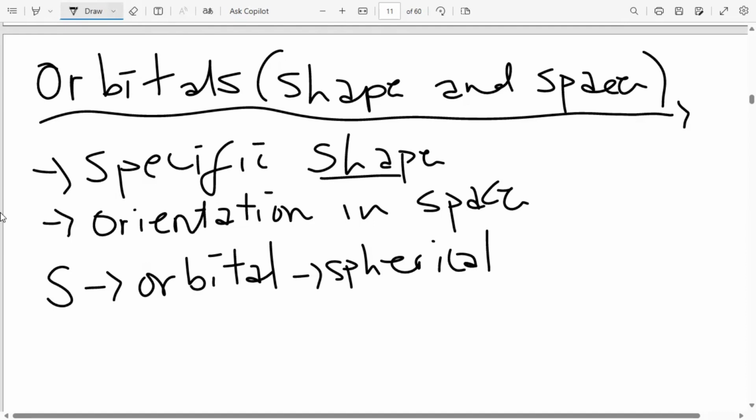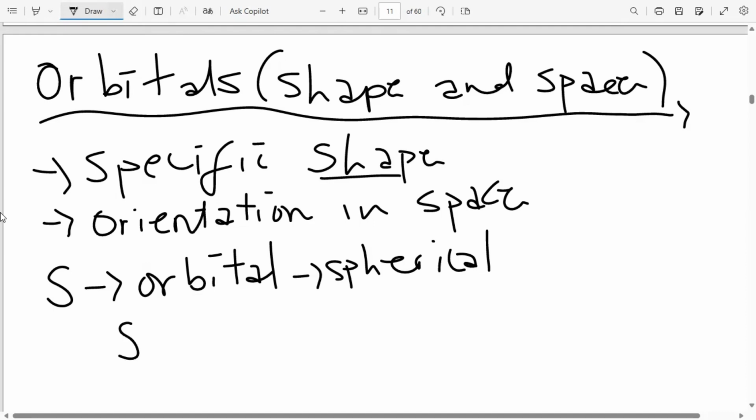Apart from having a spherical shape, what else should we understand about the s orbital is that it has a nucleus at its center. So regardless of the principal energy level or the shell number that you're looking at, you are going to find that there is always one s orbital in any s subshell.